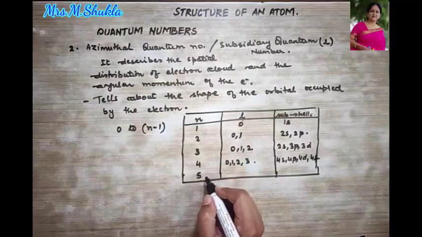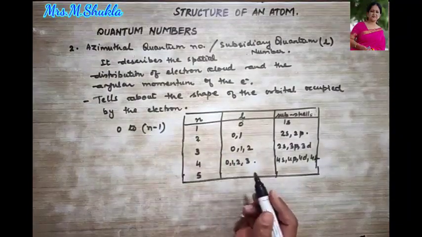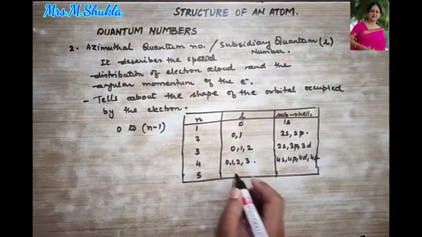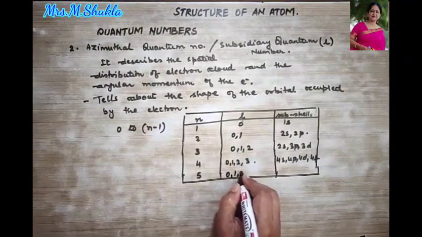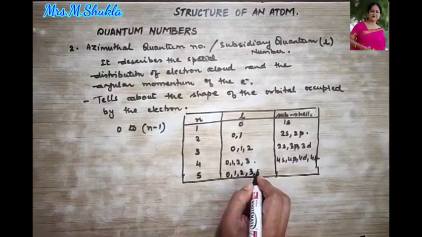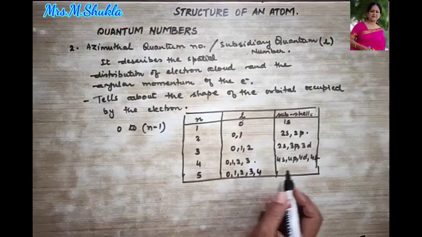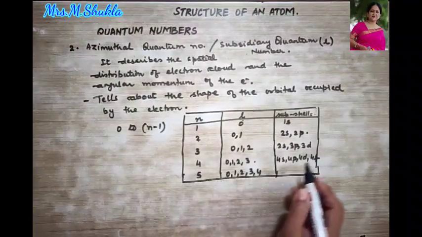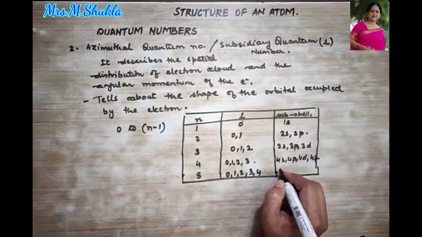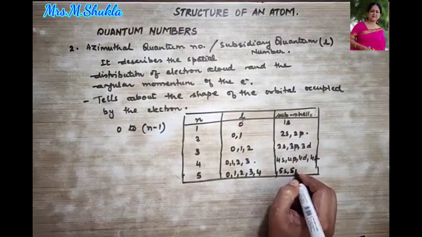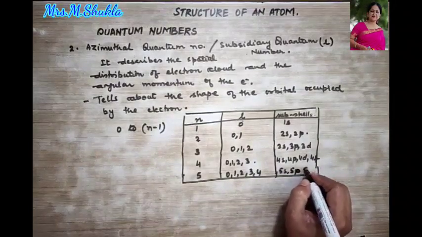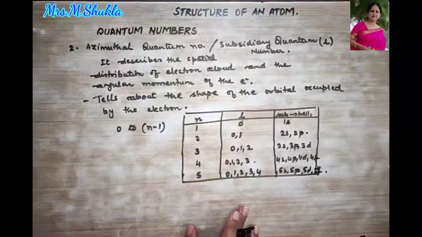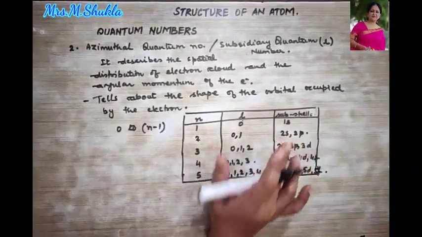Now for the fifth principal quantum number, l will be 0, 1, 2, 3 and 4, so the subshells are 5s, 5p, 5d and 5f. Clear? I hope now it's very clear to you.